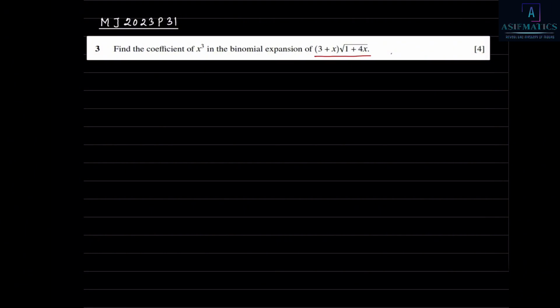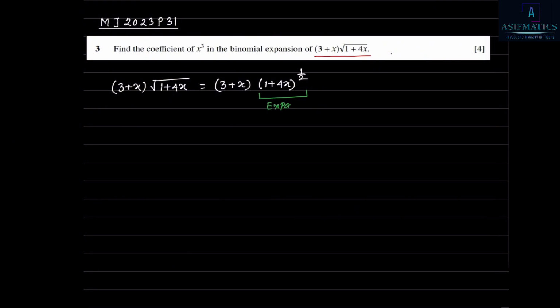So what you can write here is 3 plus x into root over 1 plus 4x, that equals 3 plus x into 1 plus 4x to the power 1 by 2. First, 3 plus x we do not have to do anything because this one is actually our expansion part.